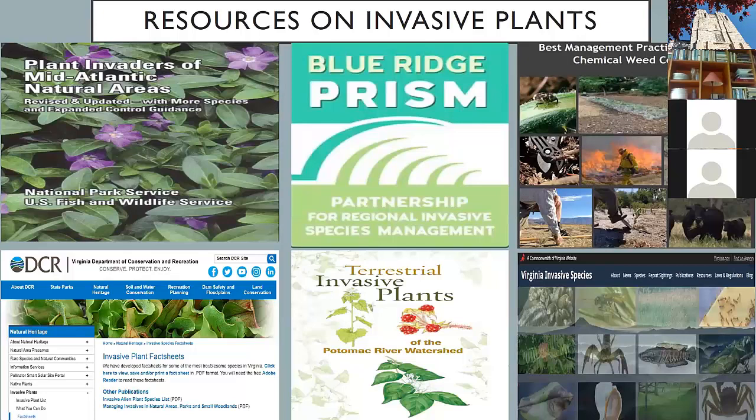The Virginia Department of Conservation and Recreation has a lot of information on invasive plants and native plants. There's Terrestrial Invasive Plants of the Potomac River Watershed; that brochure is available online. And then there's the Virginia Invasive Species Working Group, and that's also a good website that comes in handy.